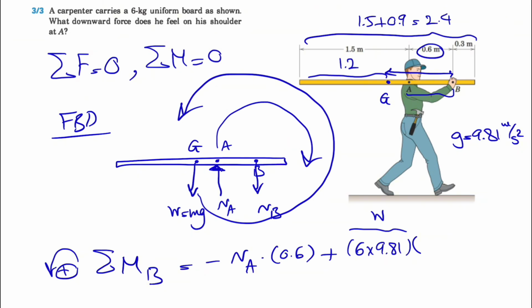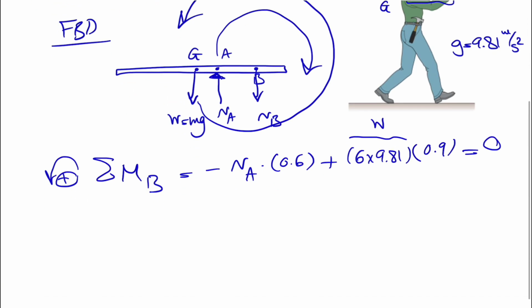We can do 1.5 plus 0.6, which is 2.1, minus 1.2, which gets us 0.9. The other way is to find this distance, 1.5 minus 1.2, so 0.3, plus 0.6, which is what we have from here to here, again 0.9. And that's pretty much it.